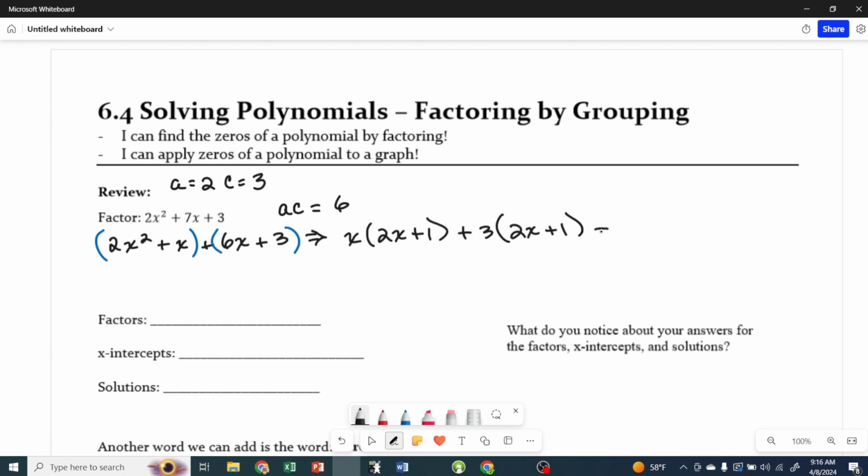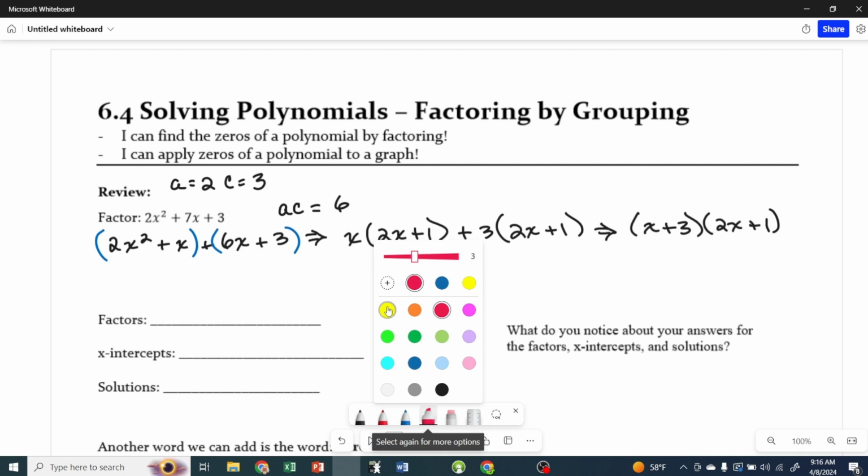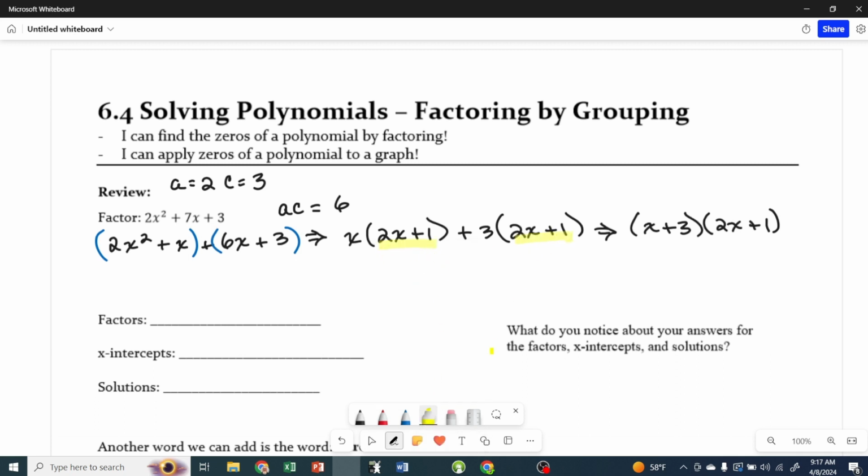And we finish up with x plus 3 and 2x plus 1. It's really important that these two have to be identical. Otherwise, we've made a mistake.